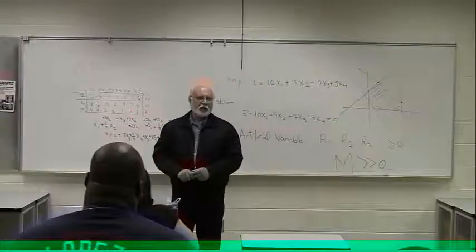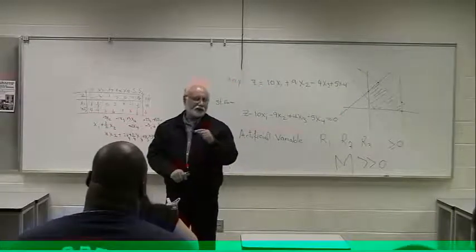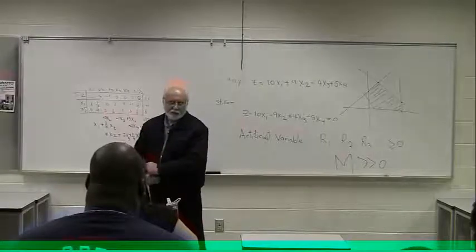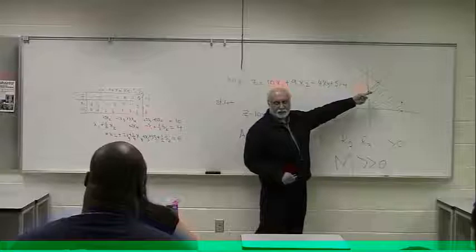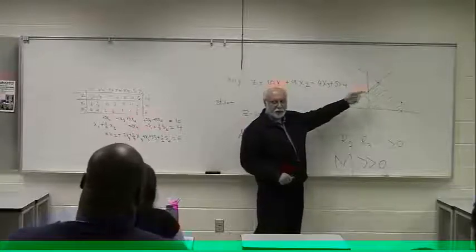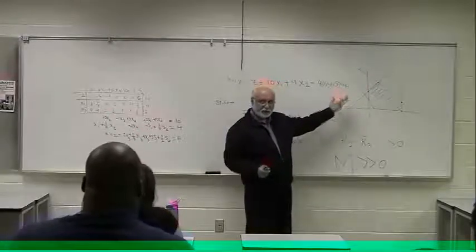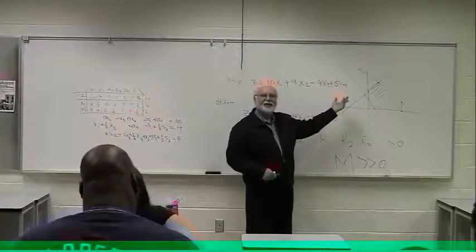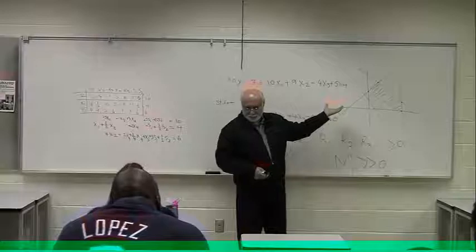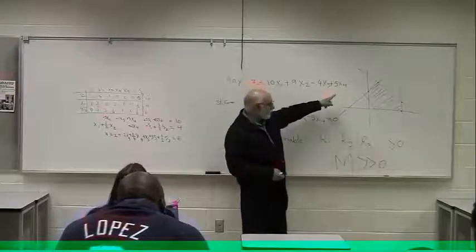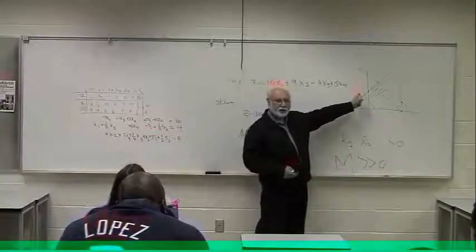Every artificial variable that you add, you do minus M. Now, is it true for minimization and maximization? No. But we are talking about a maximization problem. In a maximization problem, you do minus MR.